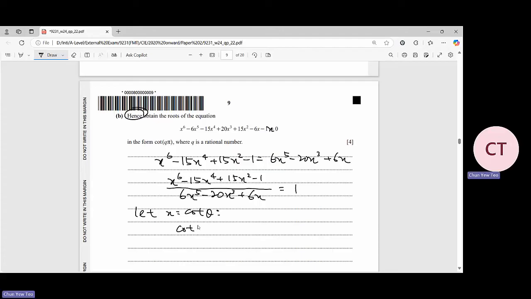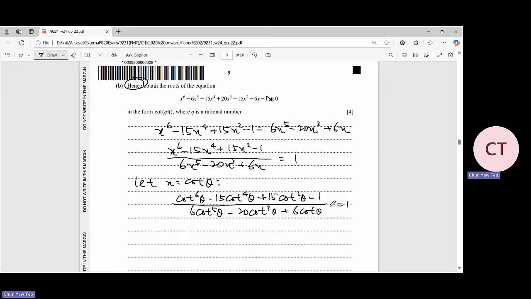Then you will get cotangent power 6 theta minus 15 cotangent power 4 theta plus 15 cotangent squared theta minus 1, divided by 6 cotangent power 5 theta minus 20 cotangent cubed theta plus 6 cotangent theta. You will have something like that.